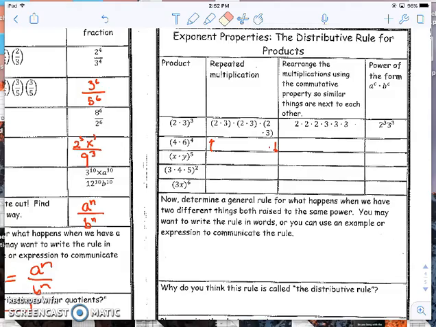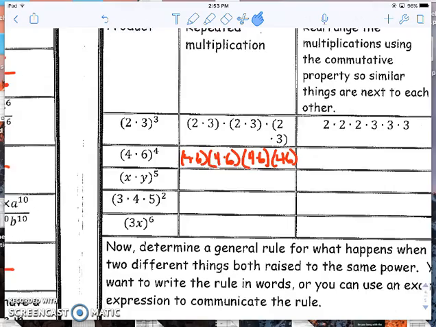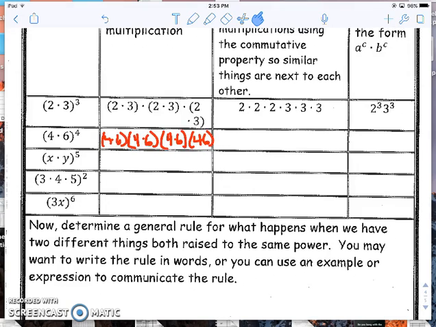Let's try. Make this a little larger here. 4 times 6, 4 times 6, 4 times 6, 4 times 6. Well, I see that we have 4 4s and 6 4s, so this has got to be 4 to the 4th, 6 to the 4th.